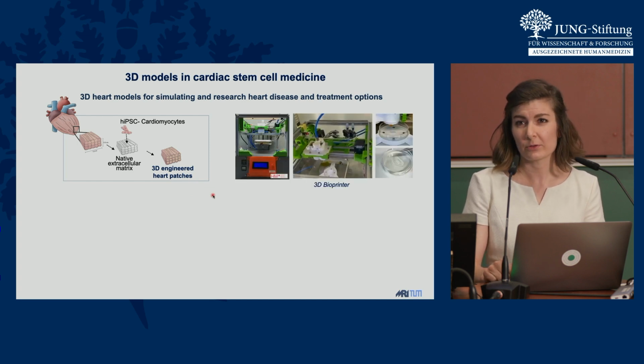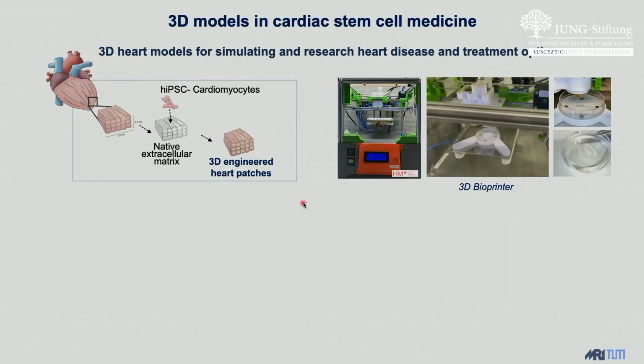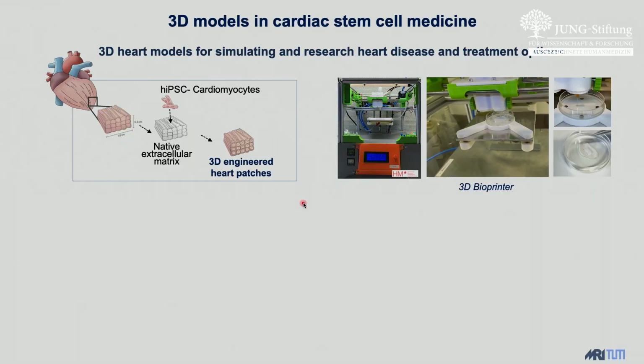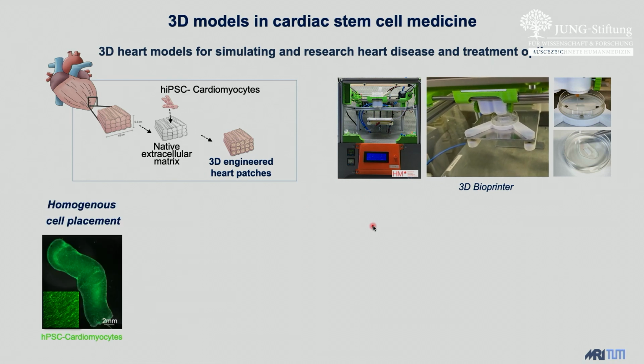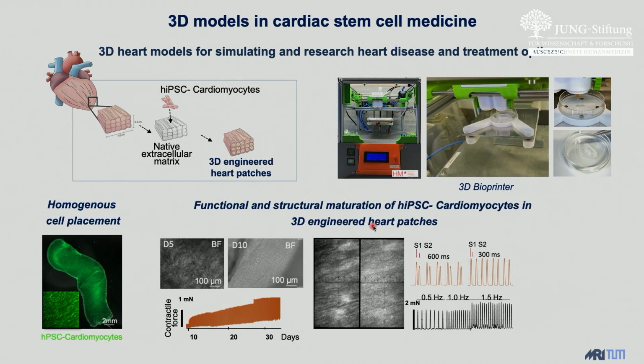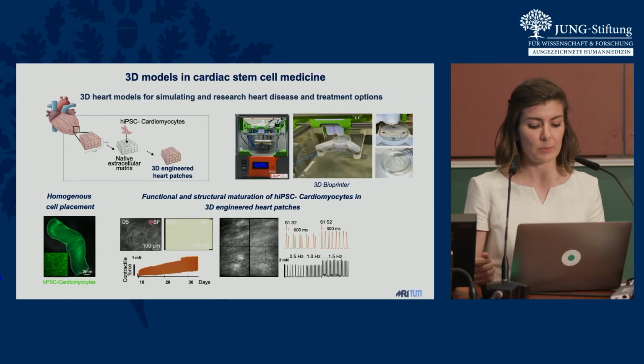With the help of our 3D bioprinter that was developed with our collaborator from the Hochschule München, we are able to homogeneously place the cells within this extracellular matrix, where they have nicely shown to integrate and show an increase and a maturation of their contractile performance, and also matured phenotypes of their electrophysiologic behaviors like the effective refractory period and the force frequency relationship.